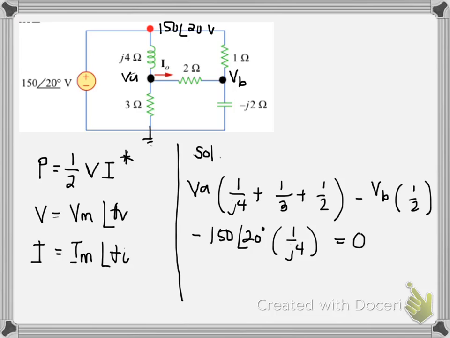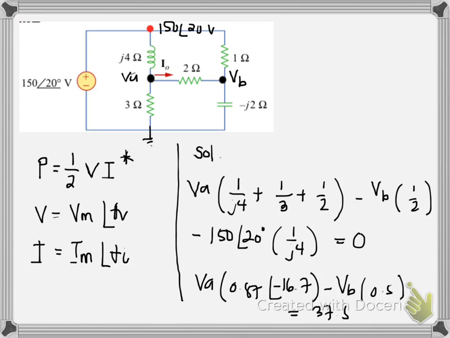By simplifying this, we have VA times 0.87 angle negative 16.7 minus VB times 0.5 equals 37.5 angle minus 70. Equation 1.